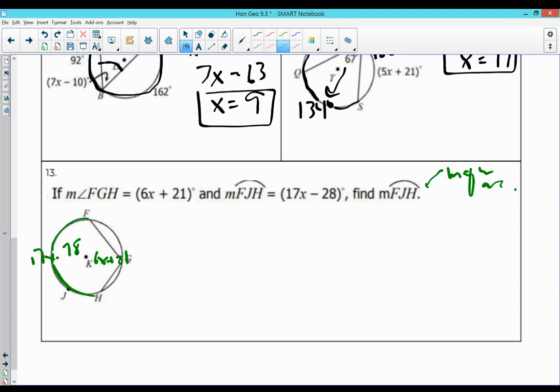So I have to multiply my inscribed angle by 2 and set that equal to the measure of my arc. Again, we should be labeling our images.